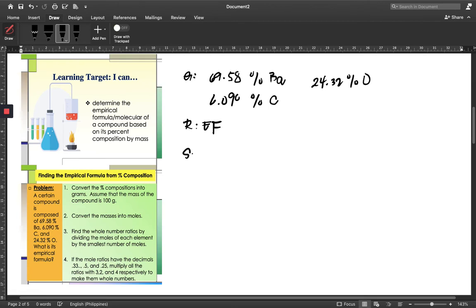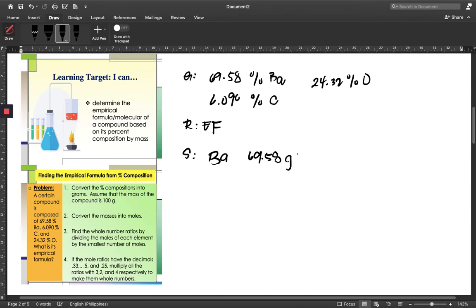So for our solution, the first step is to assume that the total mass of the compound is 100 grams, such that we can convert the percentage signs into grams directly. So let us write down the elements involved. You have barium, Ba, which is given by 69.58. Now we need not write percent anymore, because as we said, we can convert it directly into grams.